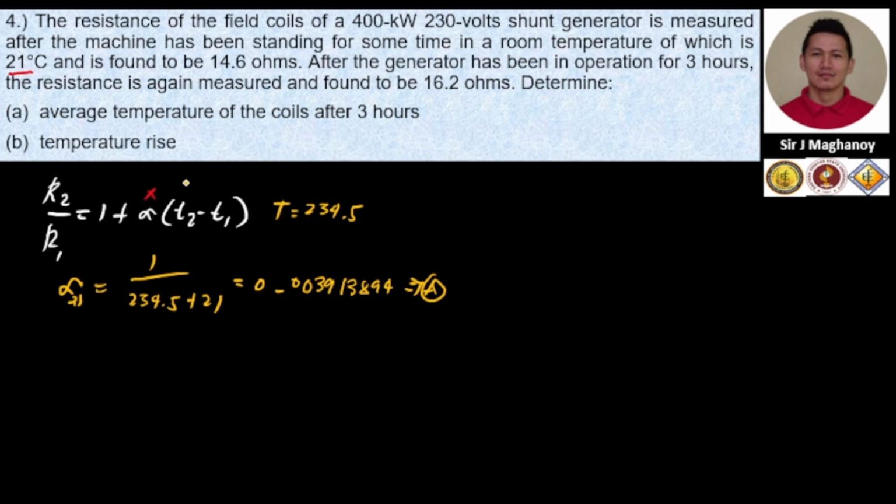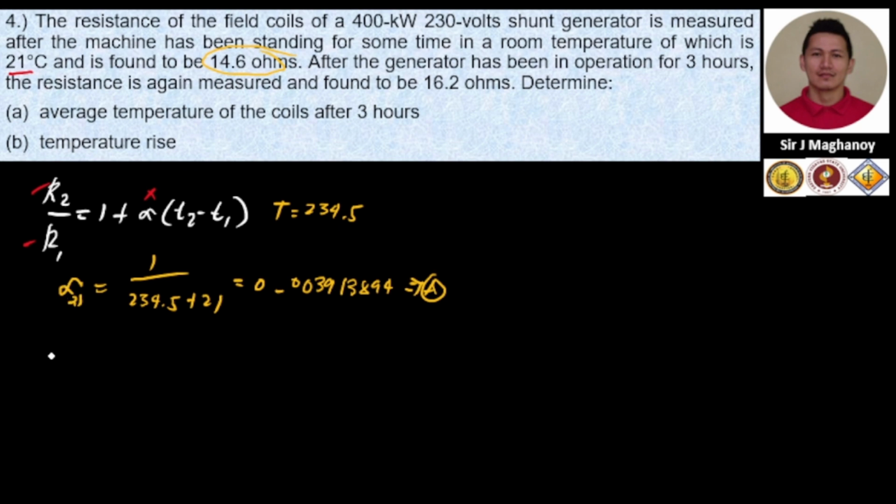Okay, moving on. So based on the problem, the initial resistance is found to be 14.6, so that is your R1. After the generator has been in operation for 3 hours, the resistance is again measured and found to be 16.2. So that is your R2. So here in our formula, please refer to our previous problem.